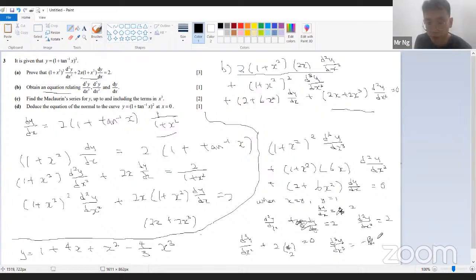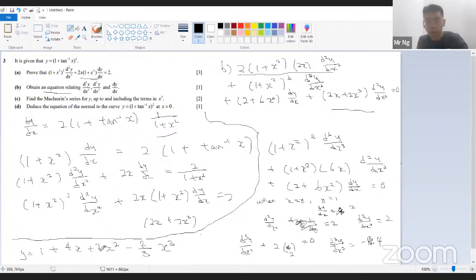So it becomes minus 4. Okay, so minus 4 over, so here is 2 over 3. Minus 4 over 6. So it's minus 4 over 3. Okay, then after that, this one is 2x.